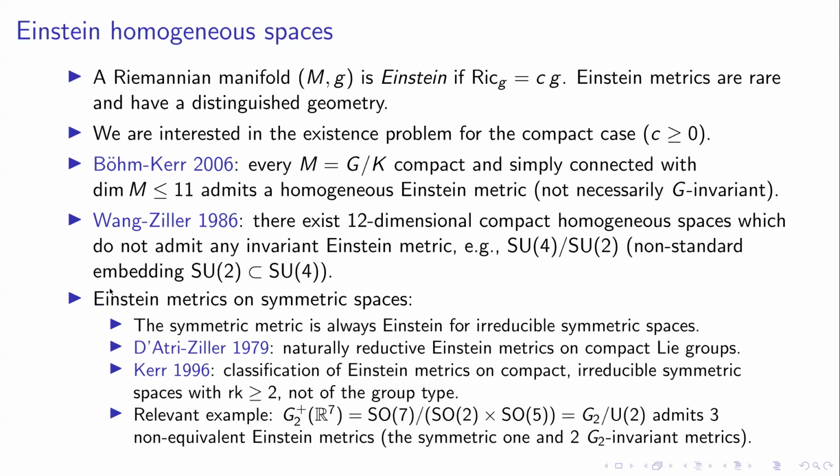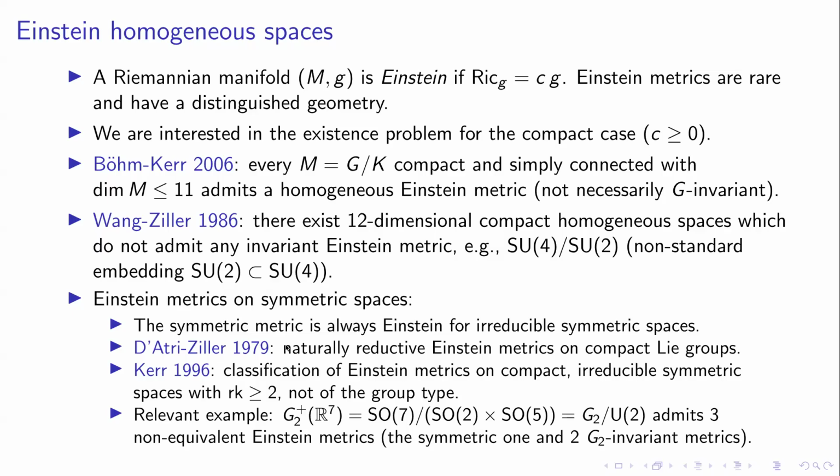Let me also recall some facts about Einstein metrics on manifolds which are the underlying manifolds of symmetric spaces. Of course, the symmetric metric is Einstein for irreducible symmetric spaces. We know the result by D'Atri and Ziller, who studied this problem in compact groups.